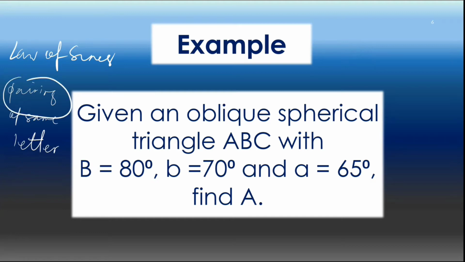For example, we have a big B and a small b in the given, as well as in the unknown. With this example, it is obvious that we have the pairing of B, a big B and a small b. So we can use the law of sines because we have a pairing. I will switch to the black screen.